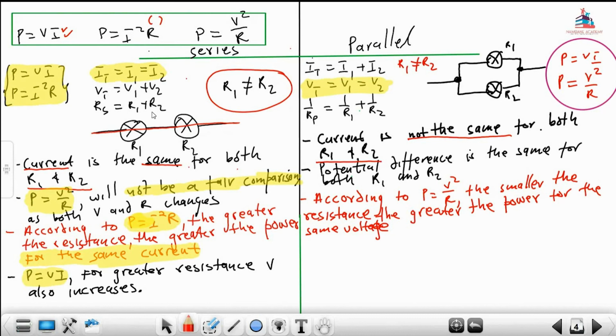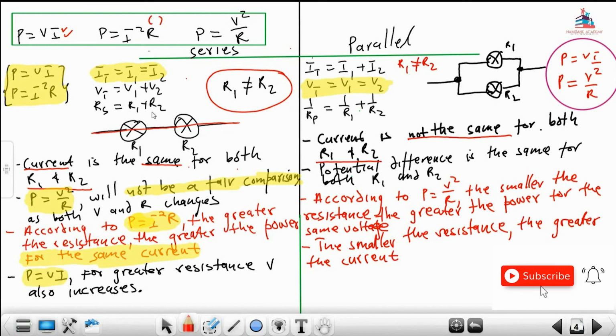Now, we agreed that the voltage will be the same throughout. So we further extend it to say the smaller the resistance, the greater the current.